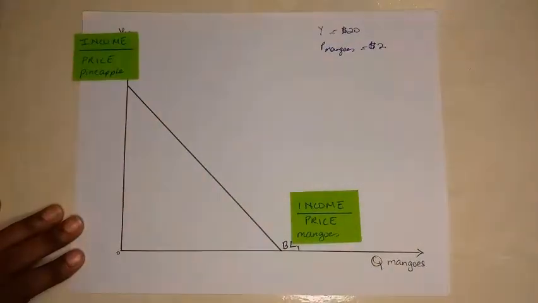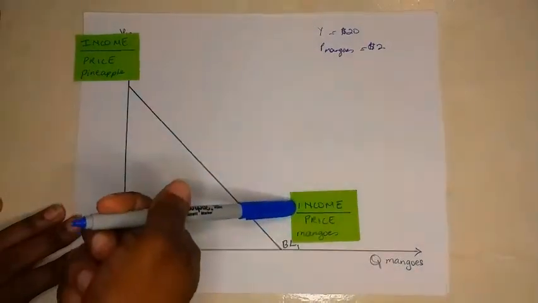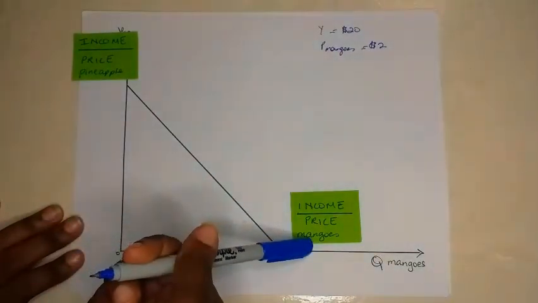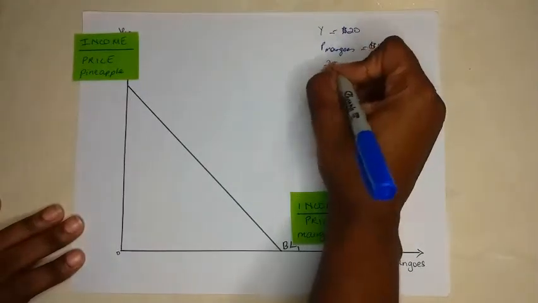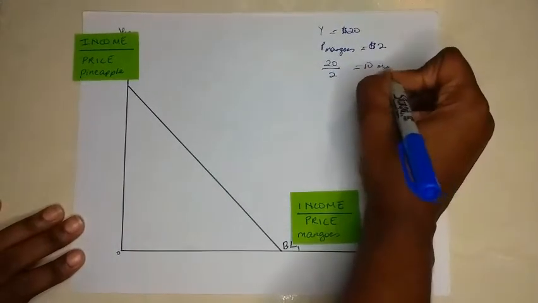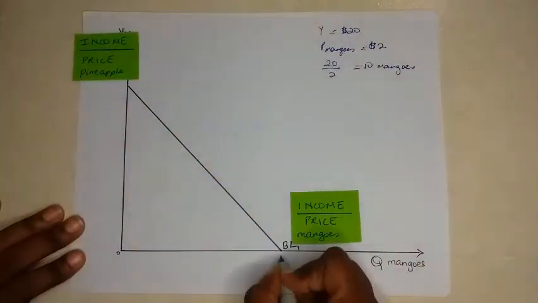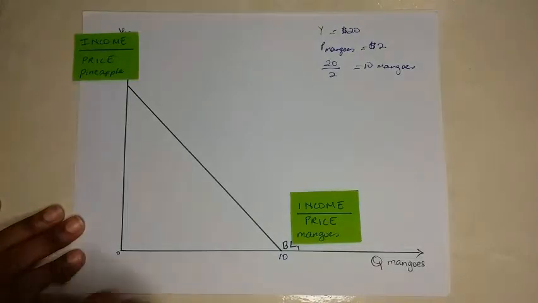So how do we work out the maximum number of mangoes? It will be, as we said, the income divided by the price of mangoes. So that will be 20 divided by 2, which is equal to 10 mangoes. So if we were to spend all our money on mangoes, the maximum we could buy is 10.